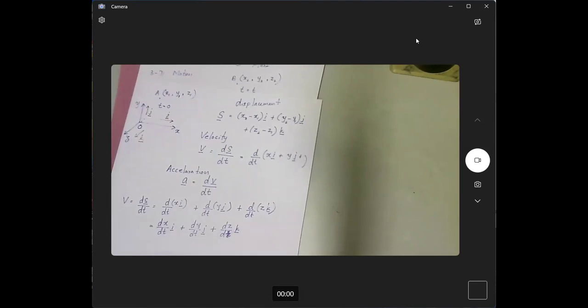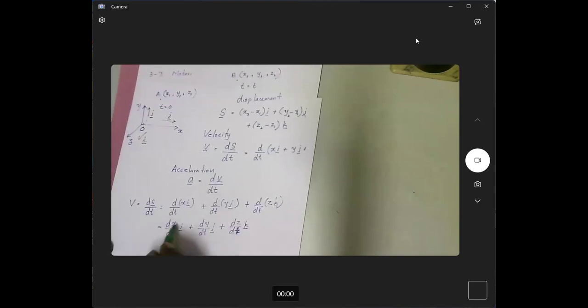Is it correct? And typically this dx over dt quantity is written as x dot. Again, this is standard notation, which is called Newton's notation.